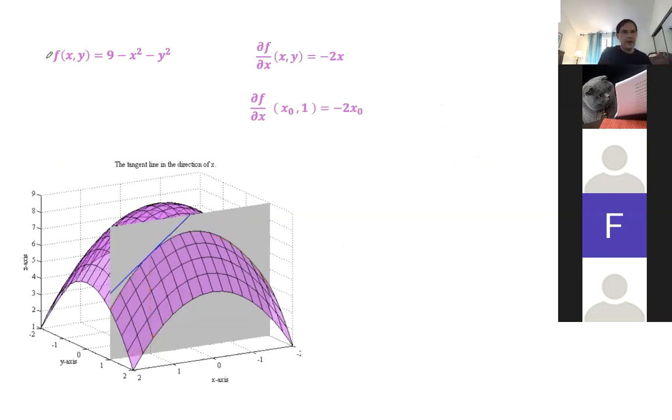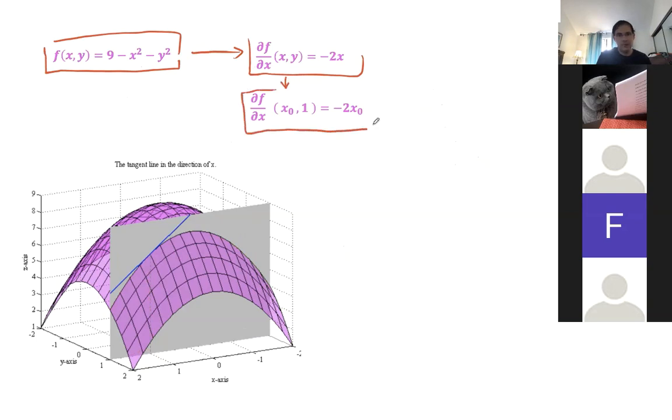So again, when I have a function of two variables f of x, y, then I can compute the partial derivative of this function with respect to x, and then I can evaluate it at a specific point. So for example, this is the point x0, and this is 1.